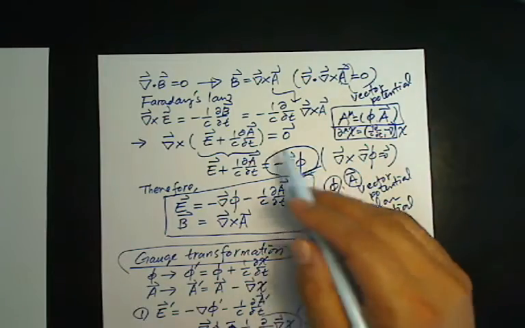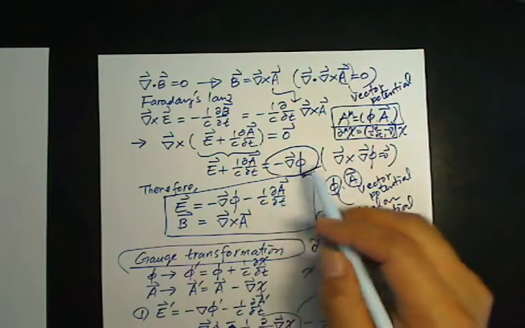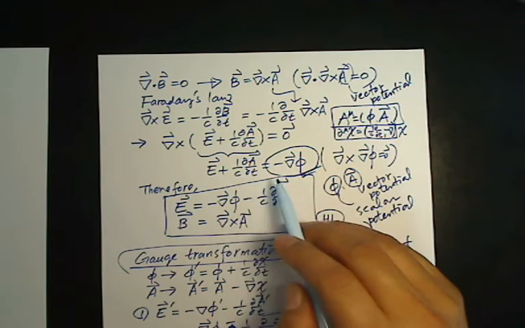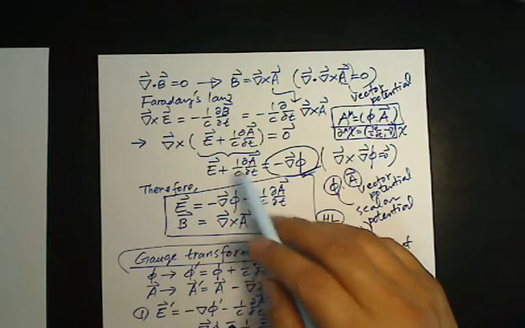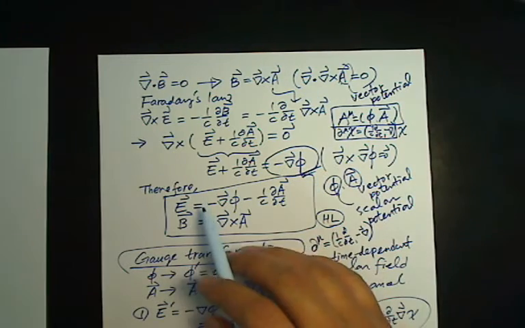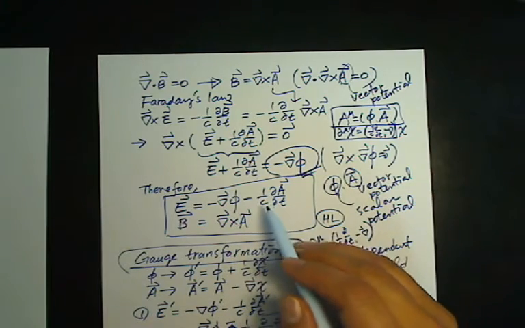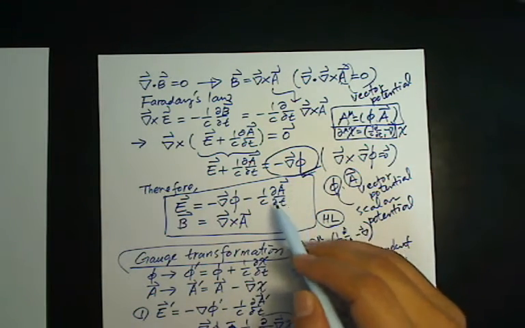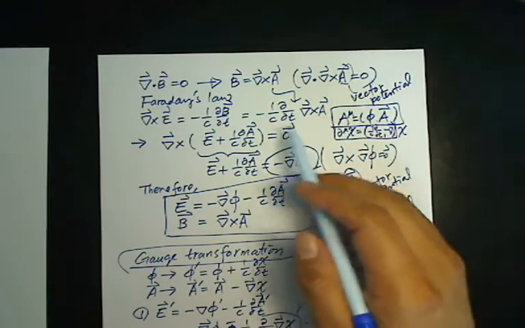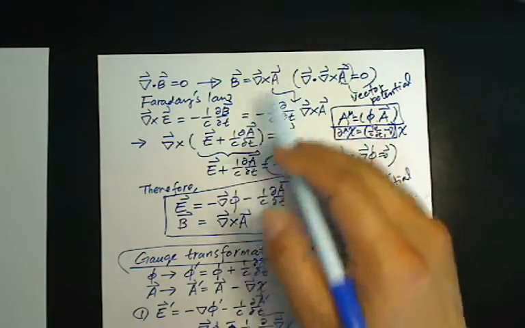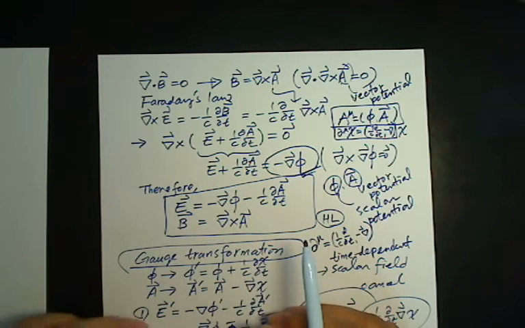So I can always find a scalar field phi that satisfies this relation. If I move the vector field time derivative to the right side, the electric field is expressed in terms of minus gradient phi minus 1 over c times the partial time derivative of the vector potential. And the magnetic field is expressed in terms of the curl of the vector potential.